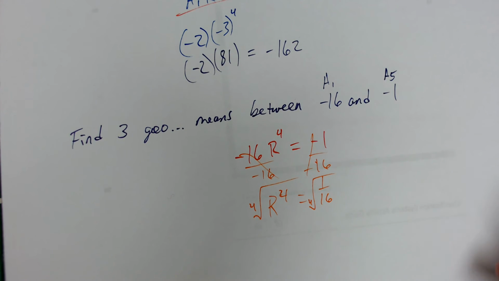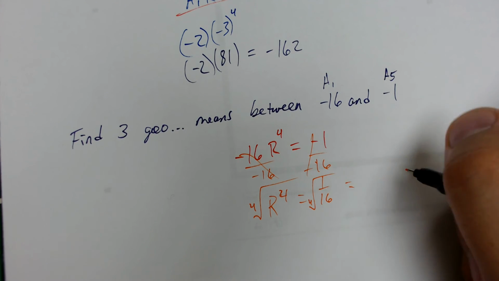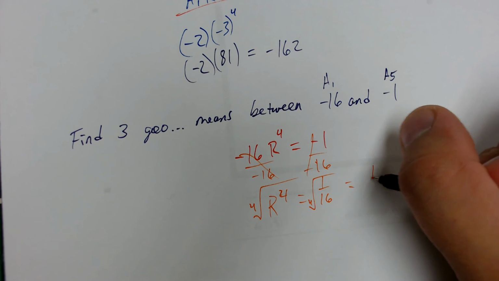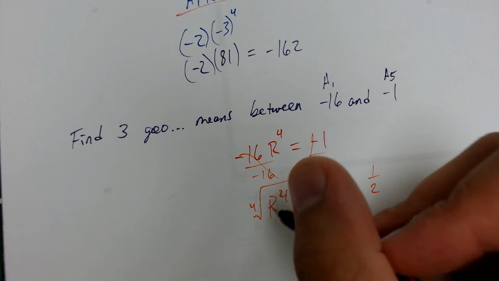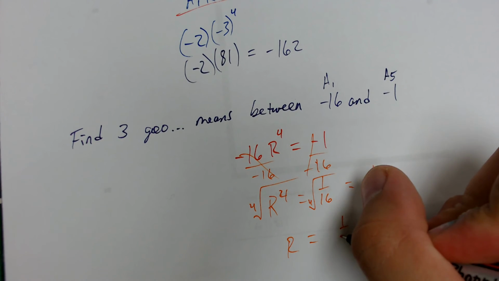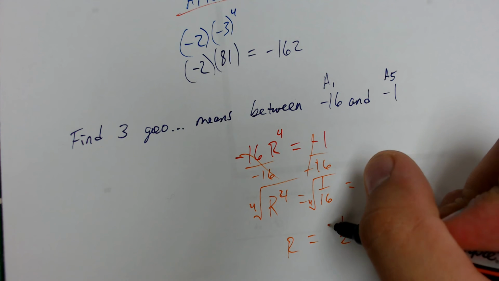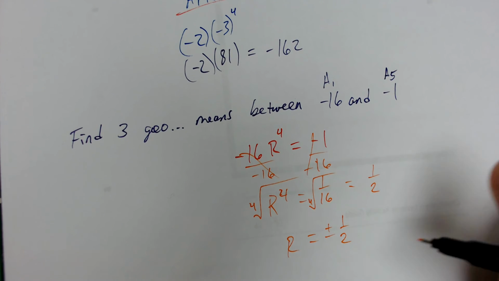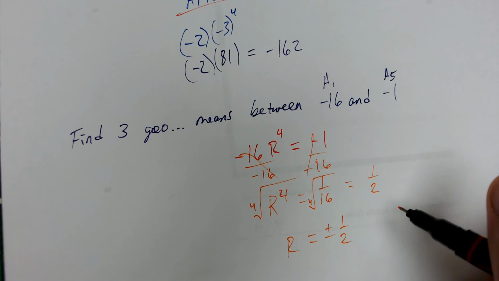So that's going to give me 1/2. Wow, my brain's working a little slow. And then the 4th root of r to the 4th is going to be r. So r is going to equal 1/2, but remember, because of me taking the 4th root, I have to add a plus or minus sign there. All right, so this is going to be positive or negative 1/2.